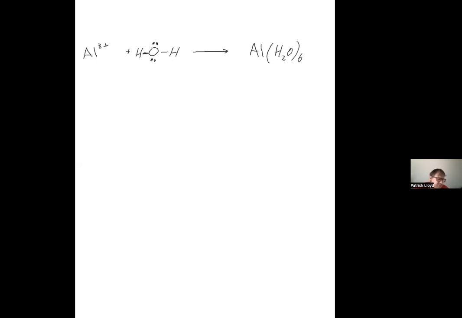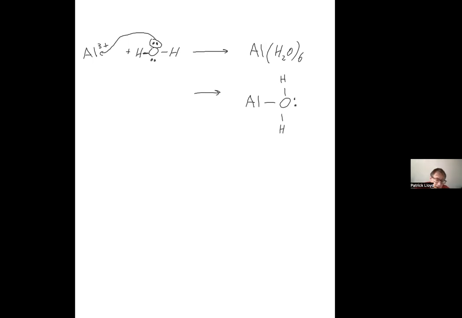So here's what happens in terms of the Lewis structure. The water molecule, the oxygen specifically, provides an electron pair that forms a bond to the aluminum. So really what you have here is a new bond between the oxygen and the aluminum, and then you have that lone pair there.